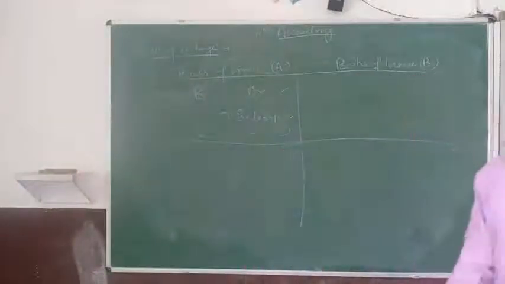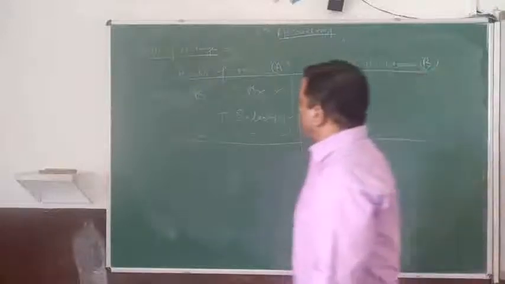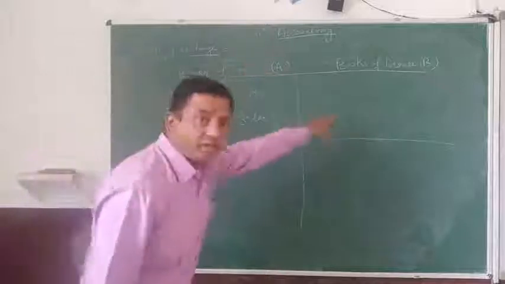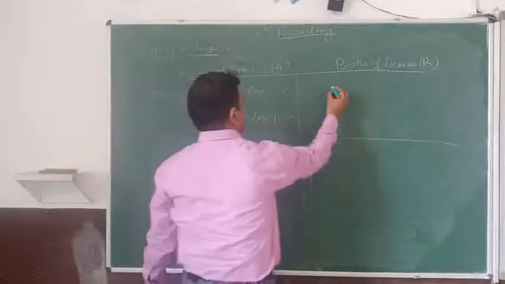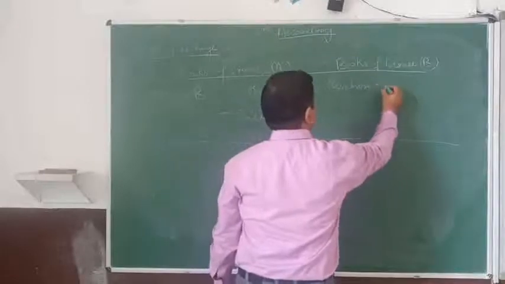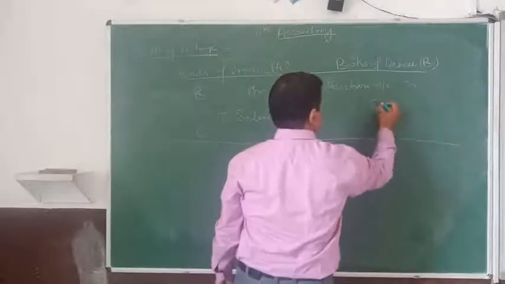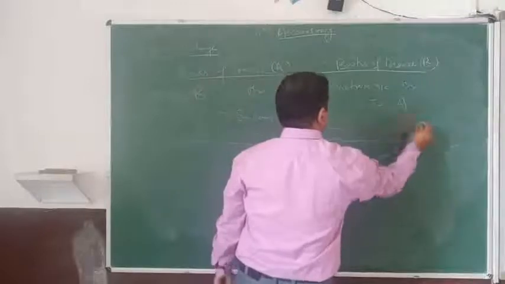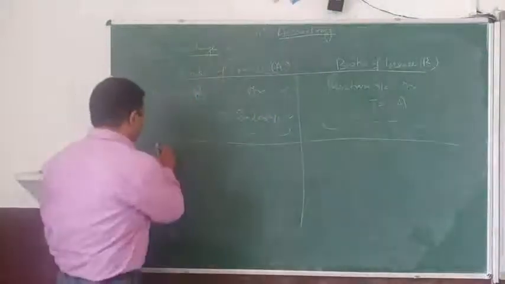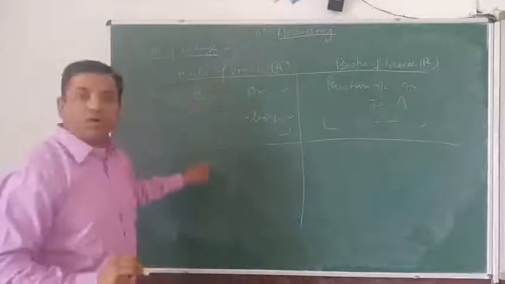Now, B will purchase the goods from A. What entry will he make in his book? The entry will be purchases account debit to A, being goods purchased from A. Now, A will draw the bill.